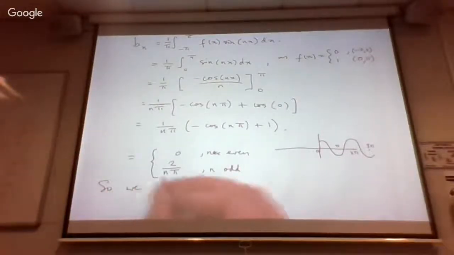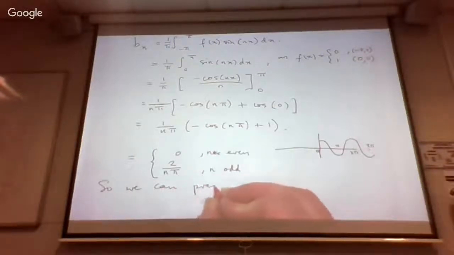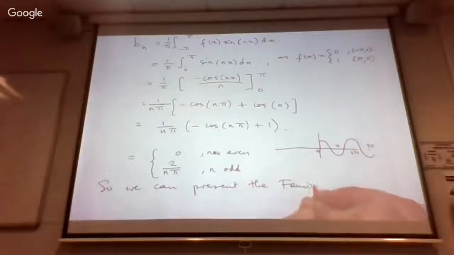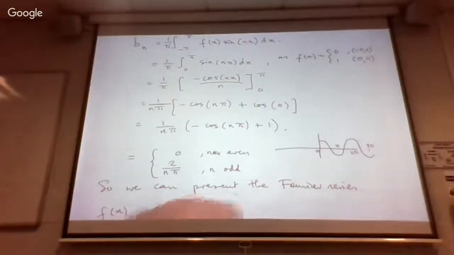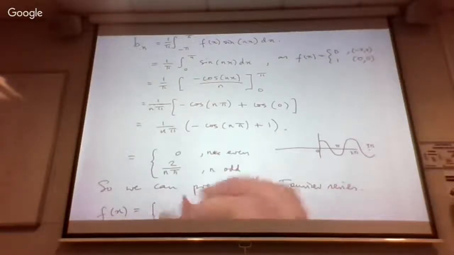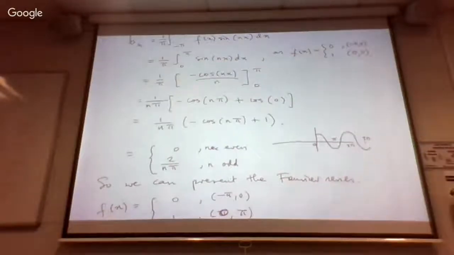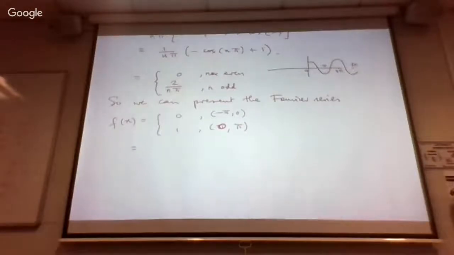So we can present the Fourier series of f of x, the square wave function, zero on minus pi to 0, 1 on 0 to pi. We can have a look at it.